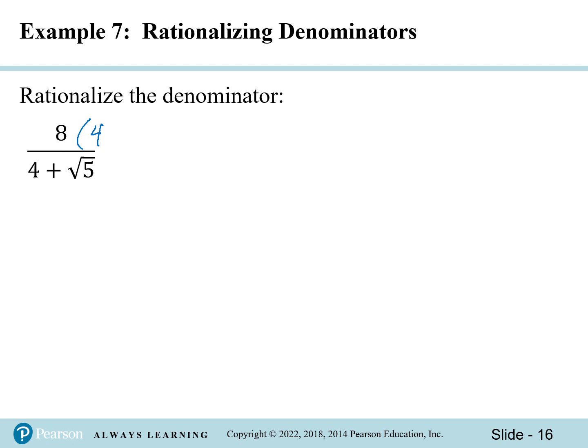Let's try this again. This is plus right here, so we need to do minus the square root of 5. There it is, that's what I needed. 4 minus the square root of 5. Now the numerator we just distribute 8 times 4, which gives me 32, and 8 times negative square root of 5.